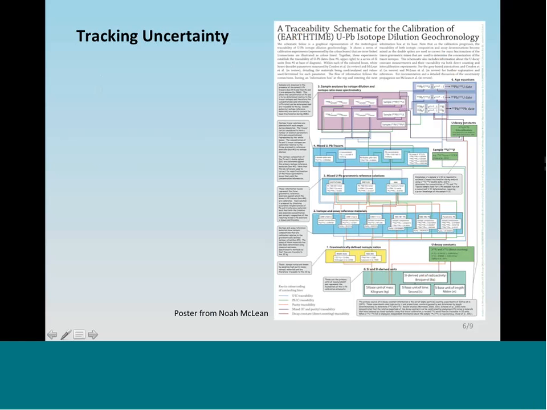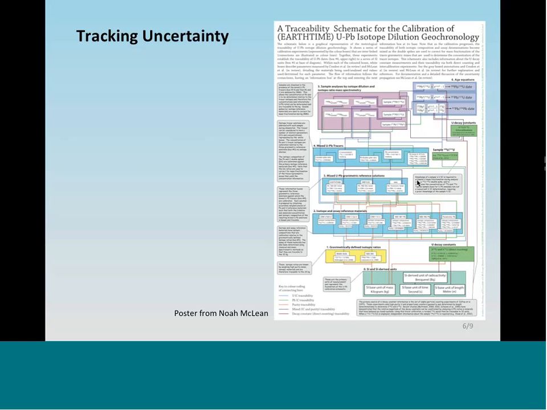This poster was contributed by Noah McLean, and it's an example of how the EARTHTIME community that deals with uranium-lead, in this case, partitions out and explicitly keeps track of all the sources of uncertainty, variation, and error through every step of the process, from direct measurement in a mass spectrometer to the actual numerical age that they output and that other members of the community use.